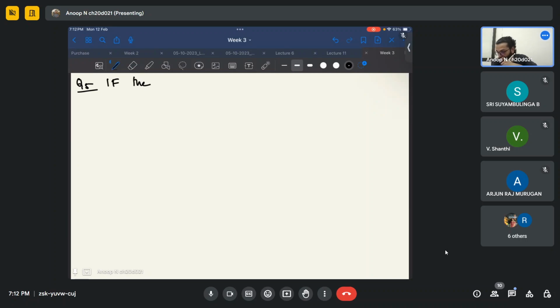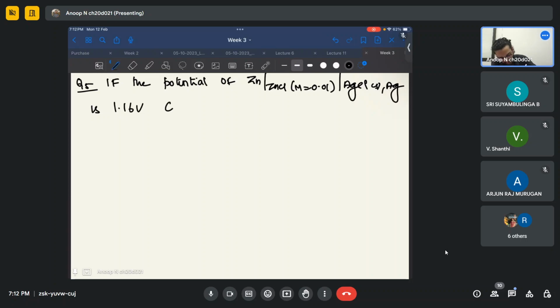If the potential of Zn bar ZnCl2 of m equal to 0.01 bar AgCl solid comma Ag is 1.16 volt, calculate the ionic activity of ZnCl2 solution.